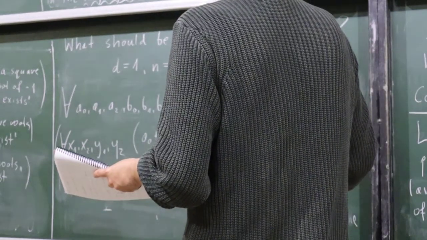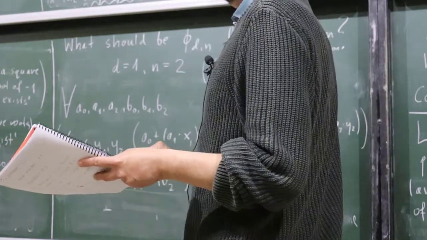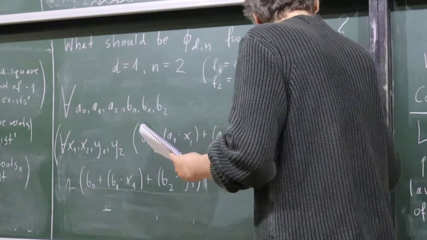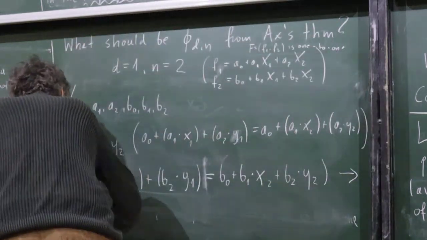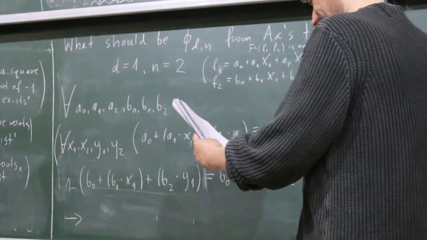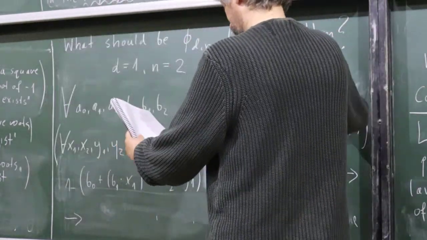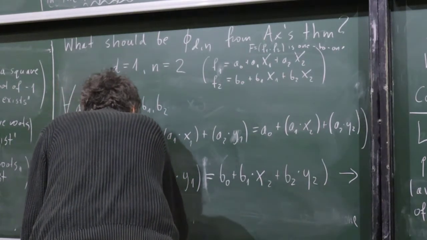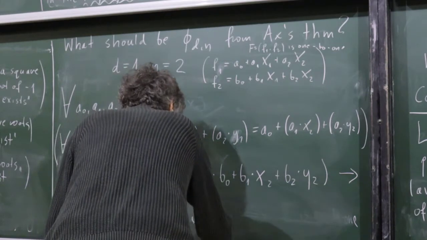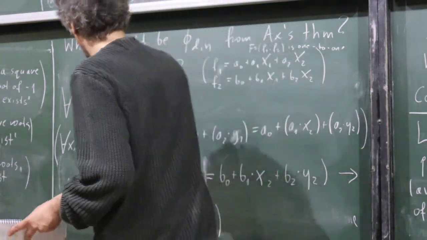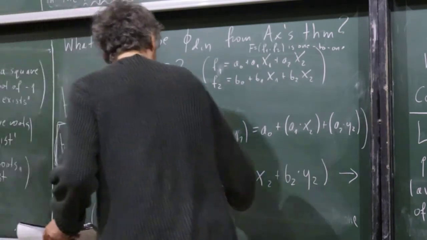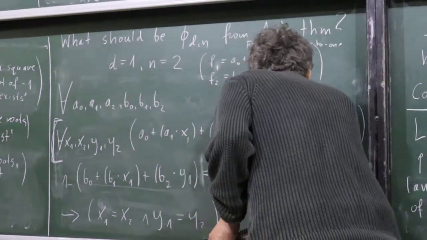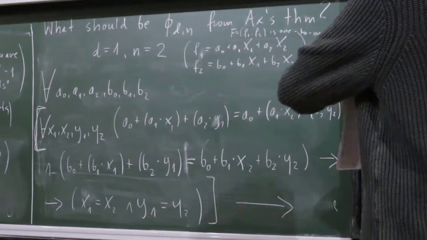I didn't define what is this. So if the values are the same, the arguments have to be the same. Now I just finish this bracket, expressing that this is 1-to-1, and now I should have the conclusion that then it must be onto.